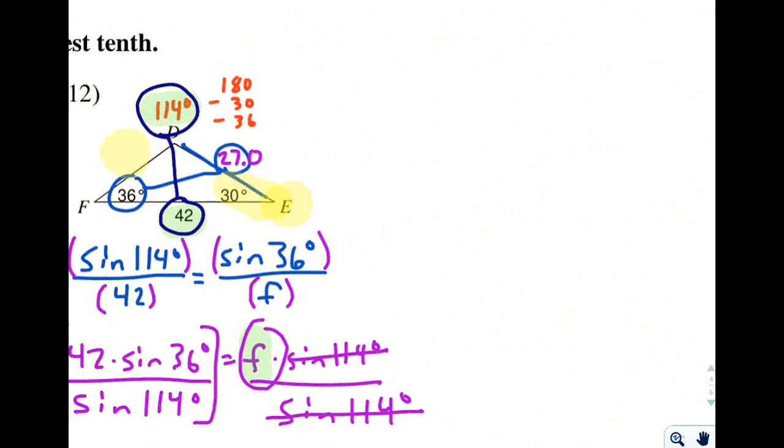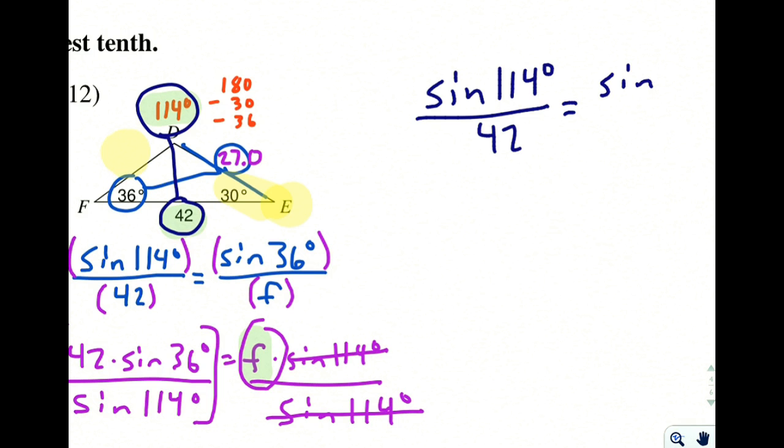So let's go ahead and set up our new fraction. We have sine of our original thing, 114 degrees, over the original side, 42, equal to the sine of our new angle, 30 degrees. That's this one here. And our unknown side, which is across from that little e.